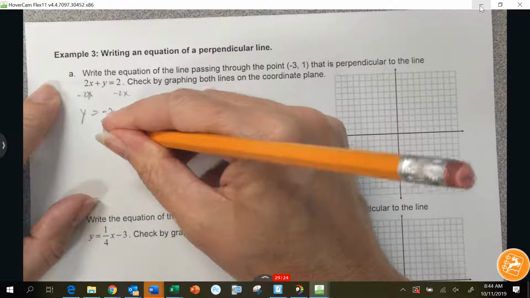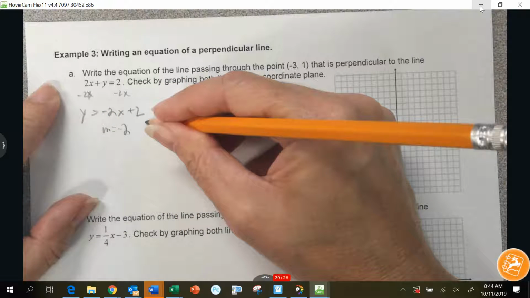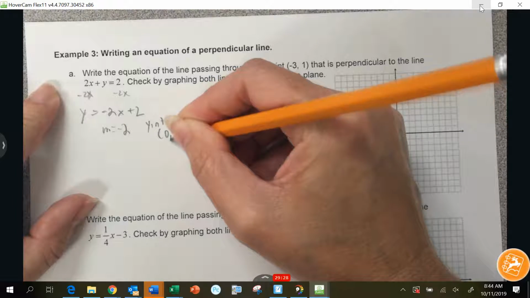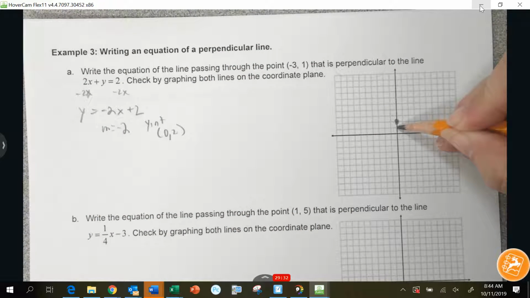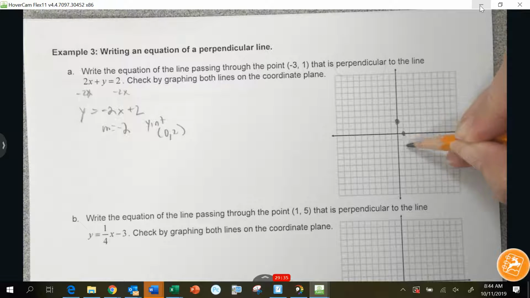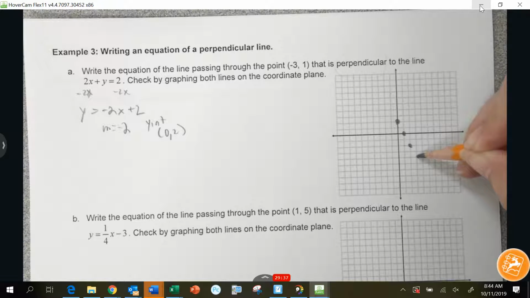That was where my slope is -2 and my y-intercept is 0, 2. So I begin at 0, 2, and then I go down 2 over 1, down 2, right 1, down 2, right 1.